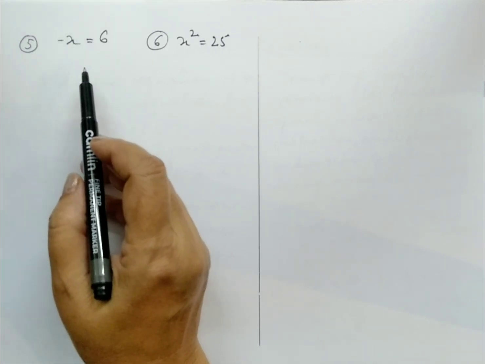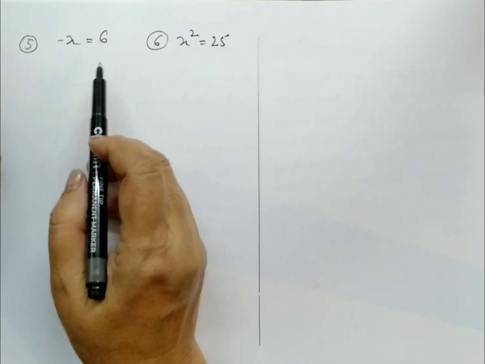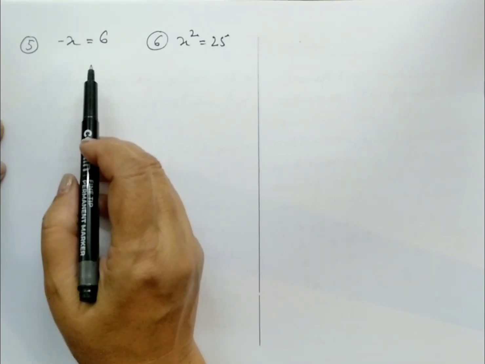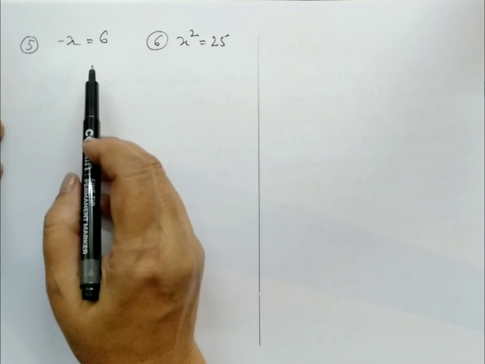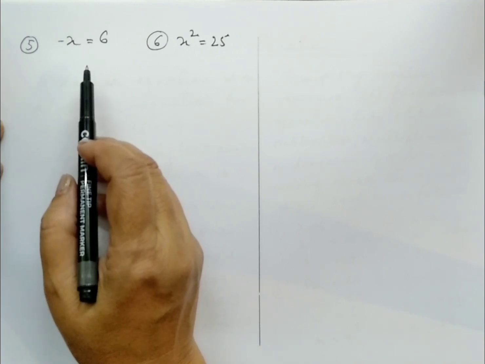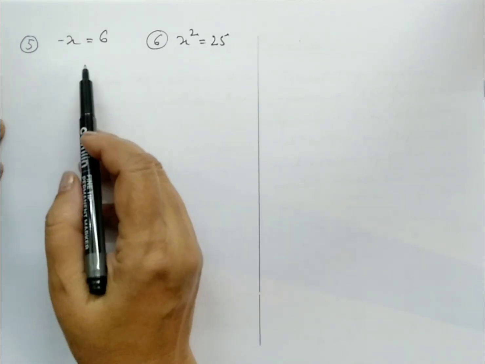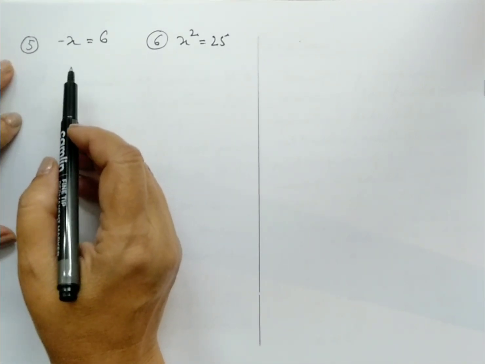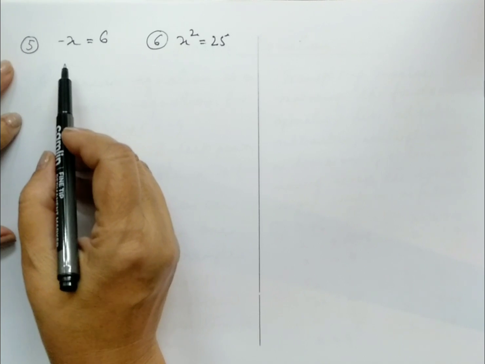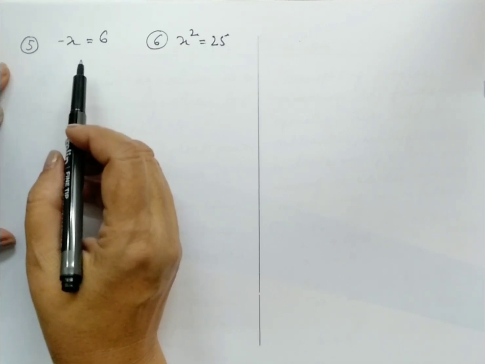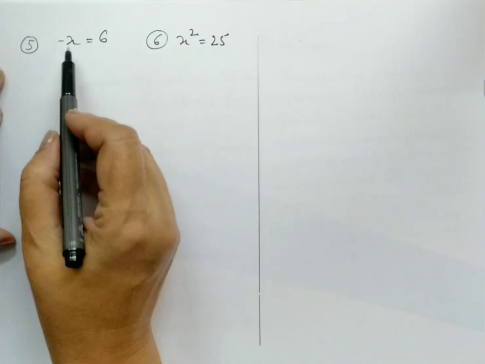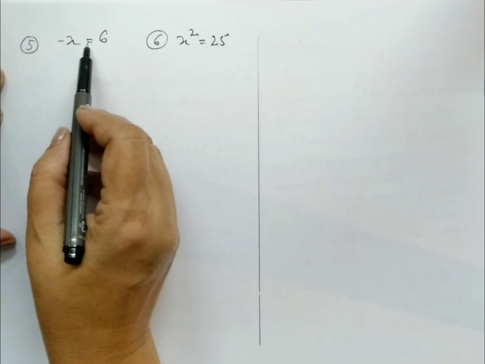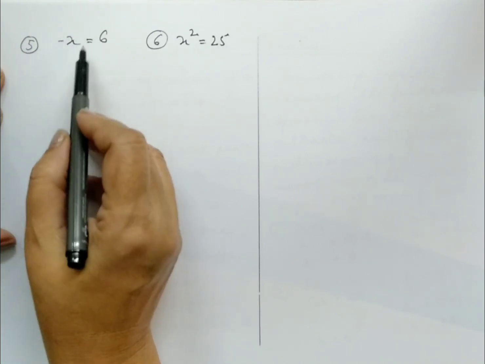The thing is, this is a bit twisted, but I'm going to explain it to you. Sit with the intention to solve it on your own, guys, so that you can have a lot more involvement in the lesson. So minus x equals 6.